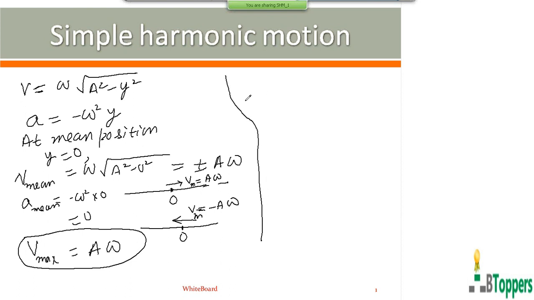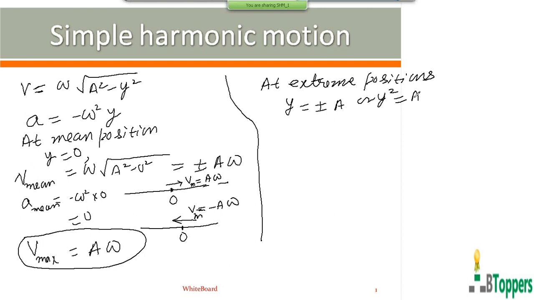At one extreme position, we write y equal to plus A. At the other extreme position, we write y equal to minus A. So at extreme positions you can write y equal to plus or minus A, or y square equal to A square.